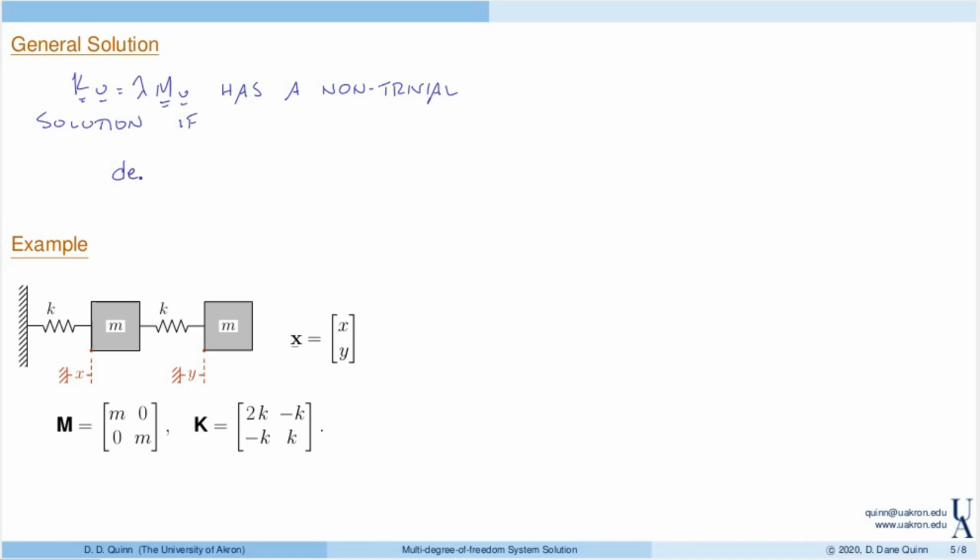The determinant of K minus lambda M, right, so if we form this matrix, and lambda here is still unknown, and we set that determinant equal to 0 and solve for lambda, then we have a solution. So this equation is known as the characteristic equation. Again, lambda here is unknown, so that's what we're solving for.